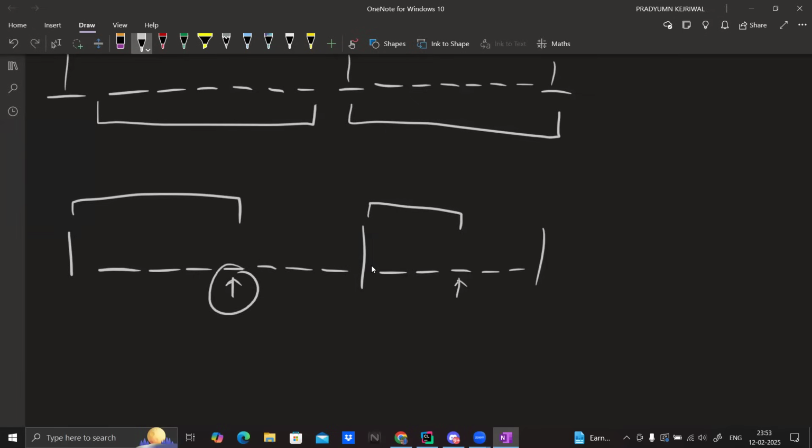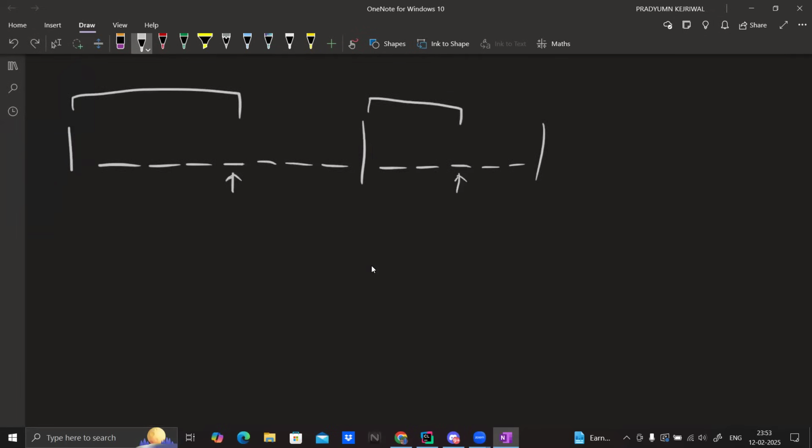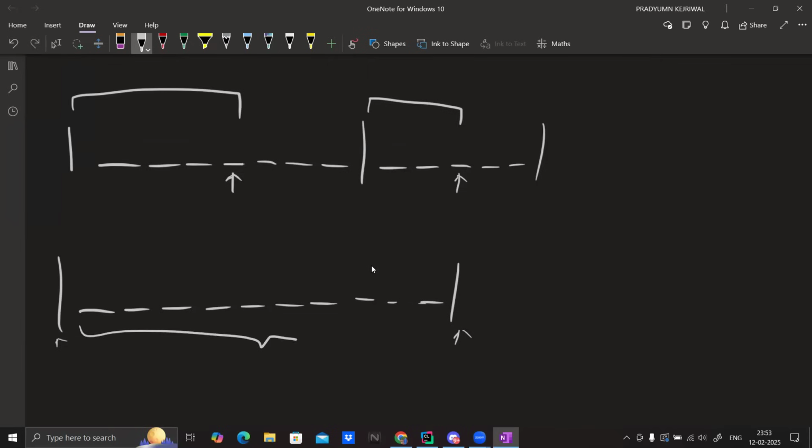Okay. So in general, if there are some x seats between two people, let's say there's one person here and one person here, and there are x seats.